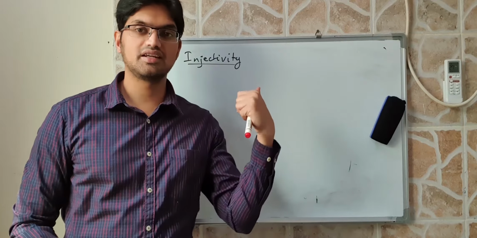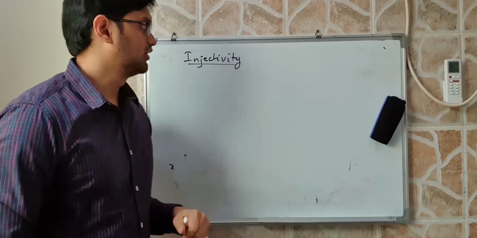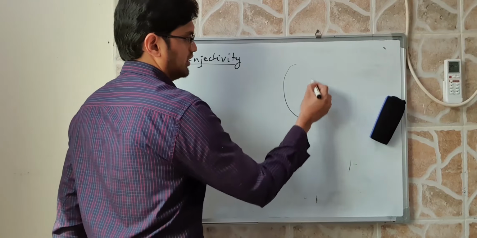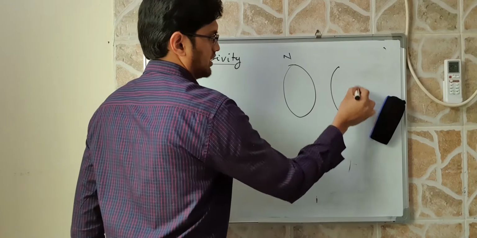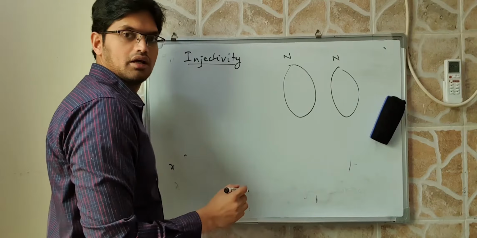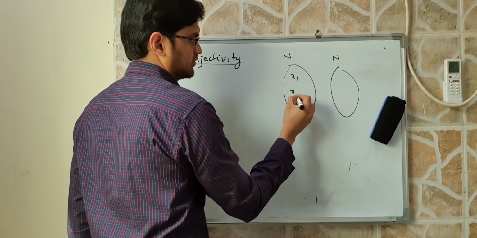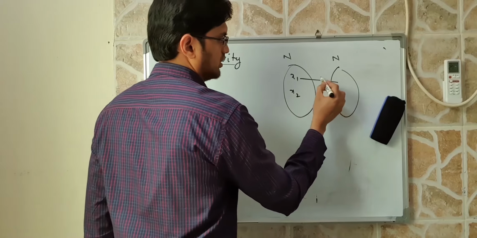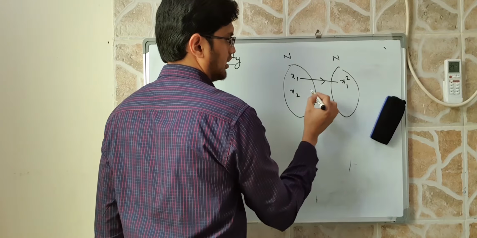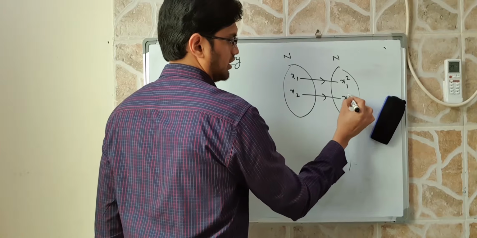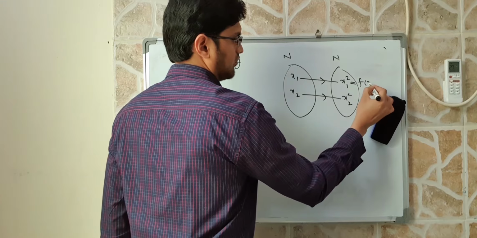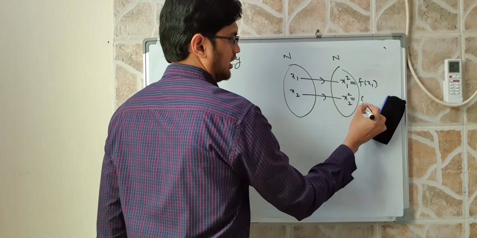So let me get that condition here. We are taking from natural numbers to natural numbers. I'm taking two elements, let us say x1, x2. The images will turn into x1 square and x2 square. These are the images f of x1 and f of x2.